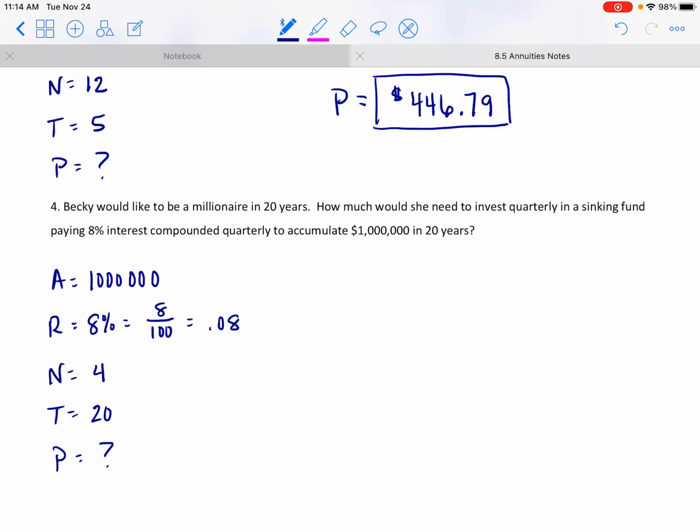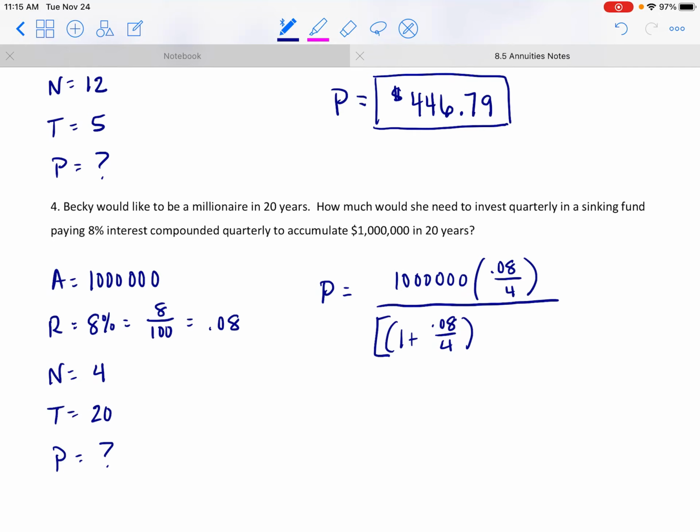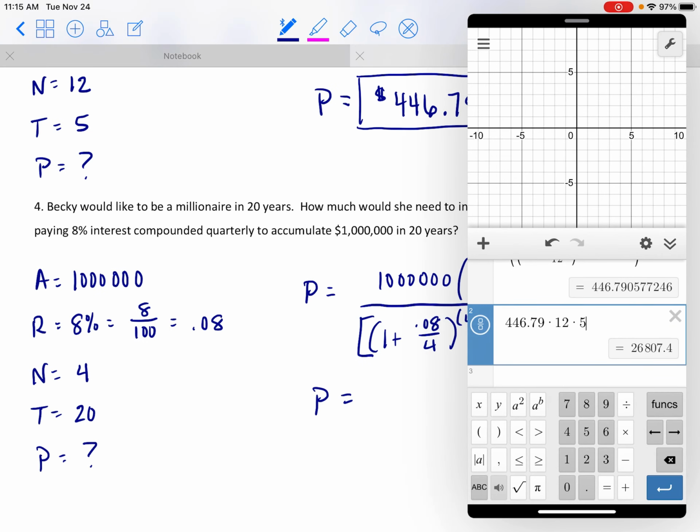Okay, so P is going to equal $1 million, should get all those zeros in there, times R over N, so 0.08 over 4, and then that's all going to be divided by 1 plus R over N raised to the NT power, so 4 times 20, minus 1, and let's get this into the calculator.